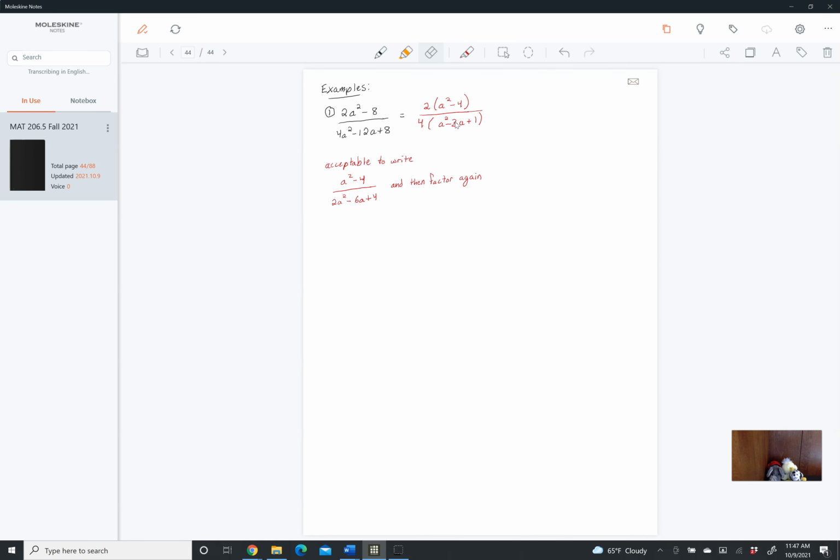I apologize. Okay. The reason why I'm doing this and factoring out the 4 on the bottom is that this denominator is actually not just divisible by 2. It's also divisible by 4. And if you factor out the 4 instead of just a 2, what's good about it is that this a squared has a coefficient of 1, which makes it much easier to factor.